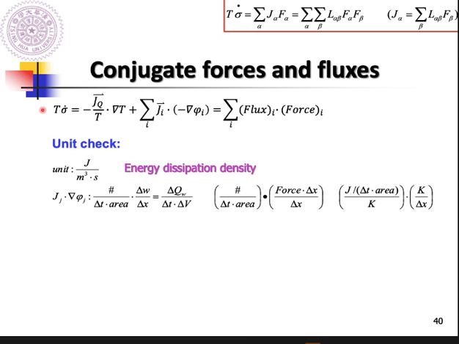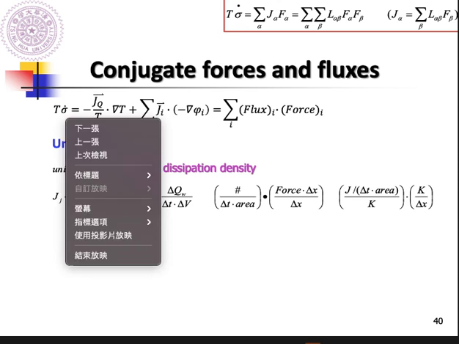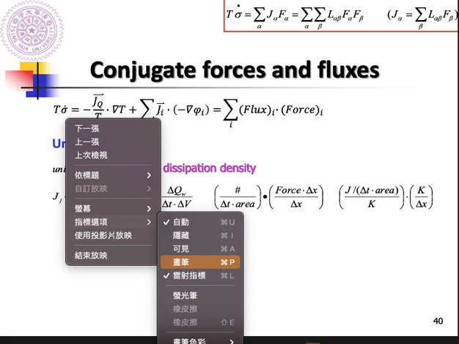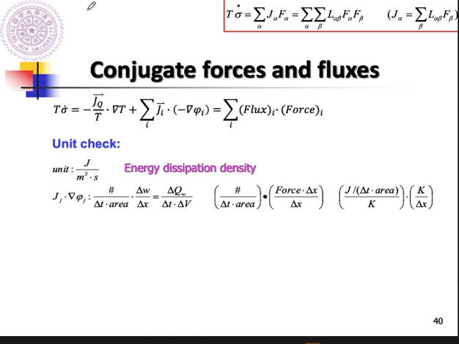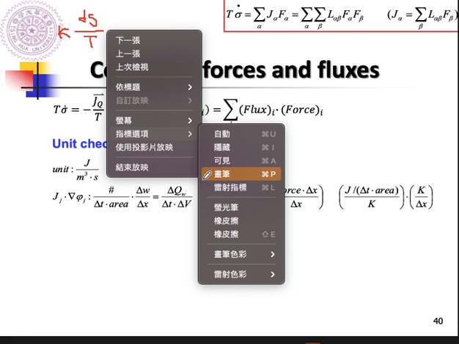Temperature is K, right? The entropy production rate per volume is the entropy production, so entropy is like a dS.